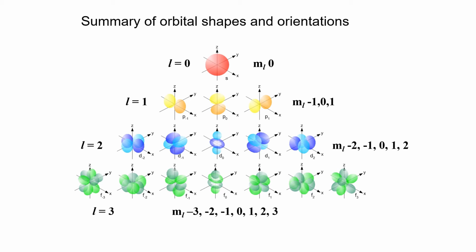Now, one thing to keep in mind is that these shapes describe the probability of where we might find electrons. And we're going to look at this in the context of multi-electron atoms coming up soon.